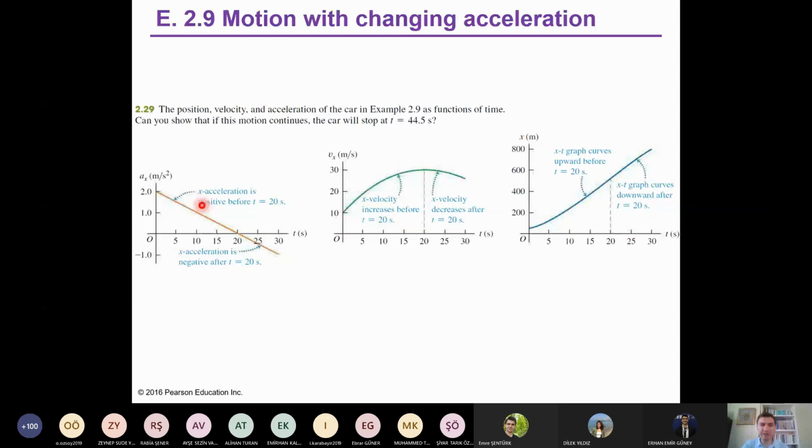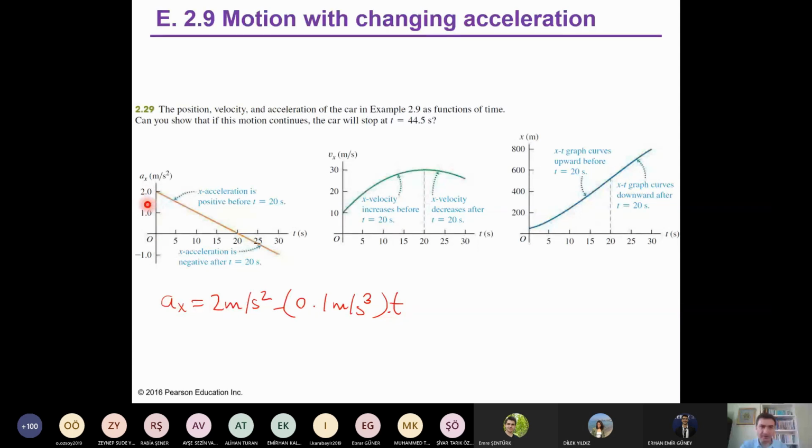At the beginning, when the time is 0, acceleration is 2 meters per square second. And what about the sign of the acceleration? Positive. It means that it is along the positive direction, okay?